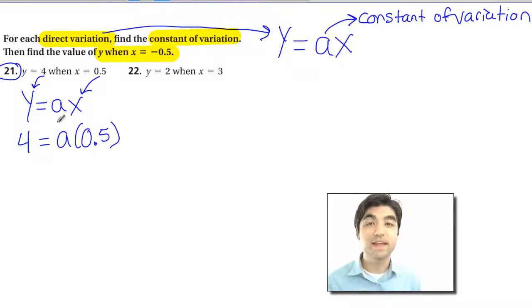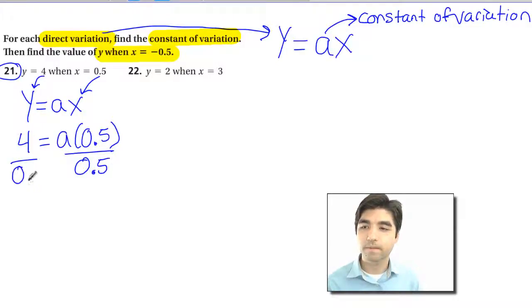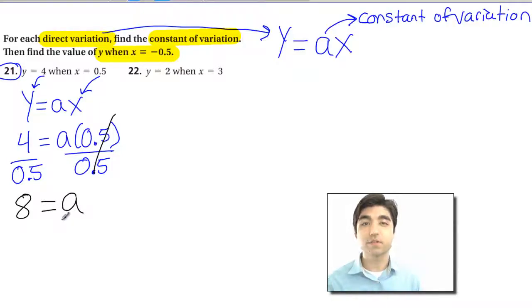Then divide each side by 0.5 to get rid of that 0.5. Then 4 divided by 0.5 is 8. So now we just found our constant of variation.